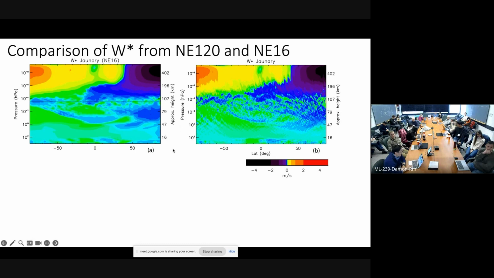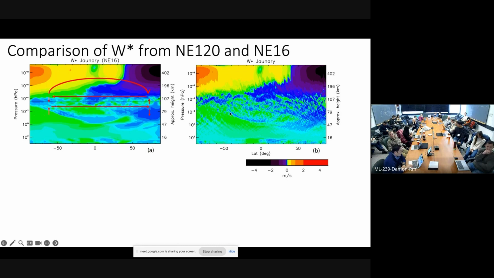To look at that, first we look at the residual mean vertical wind component. This is from the low resolution run, and this is the high resolution run. Again, this is a January average.